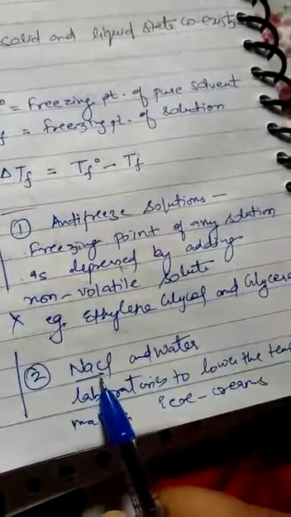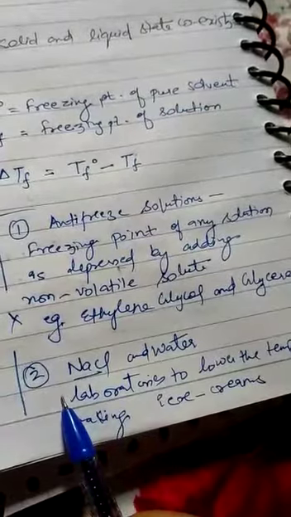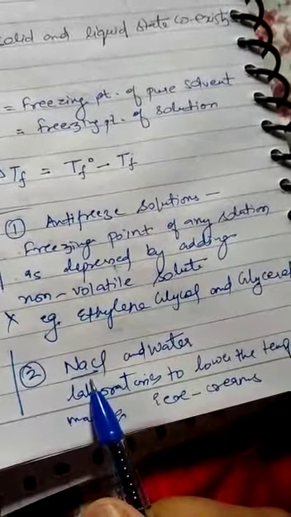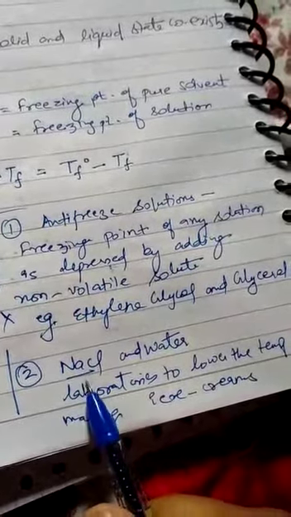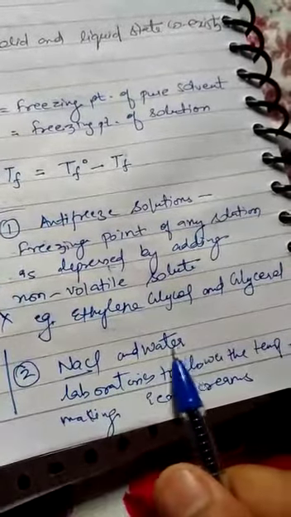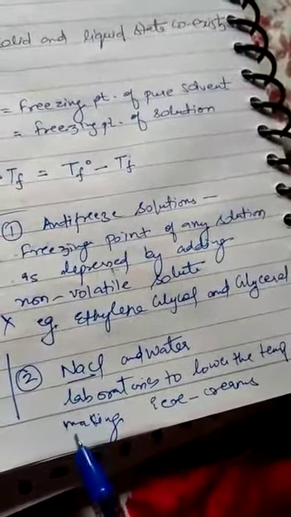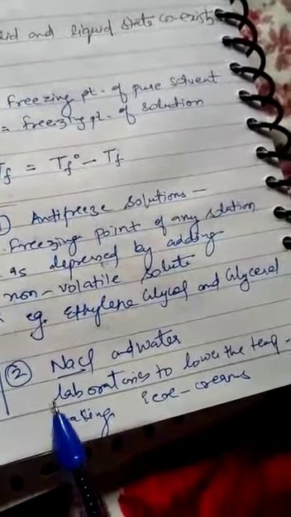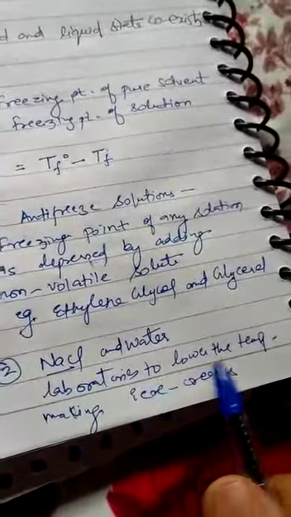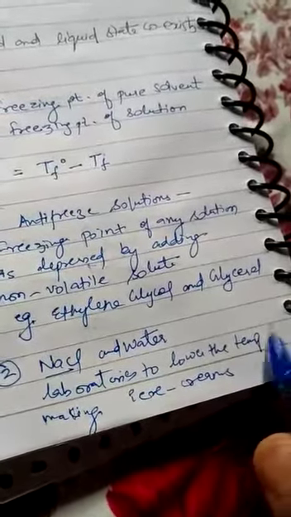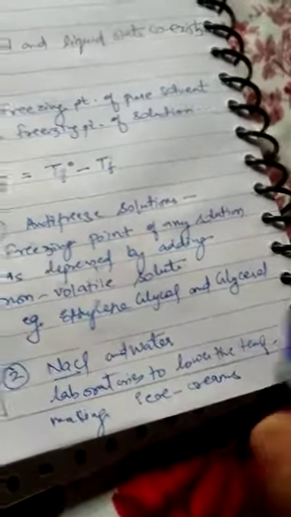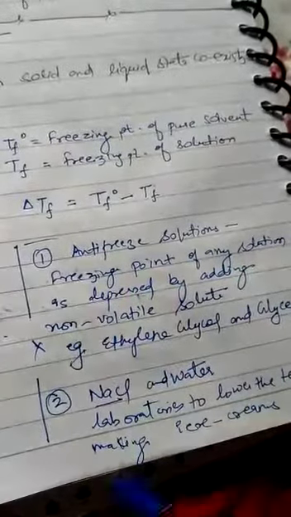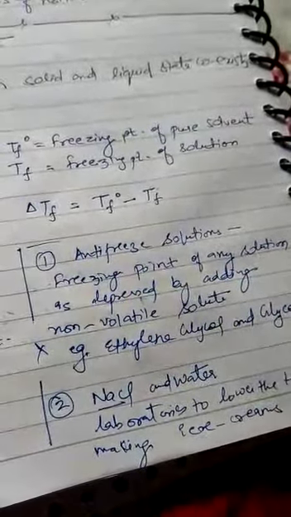This NaCl acts as a non-volatile solute, and on adding it will depress the freezing point of water. For example, it is used in making ice creams and kulfi, and it is also used in laboratories to lower the temperature up to minus 33 degrees centigrade. So these are the applications of depression in freezing point.